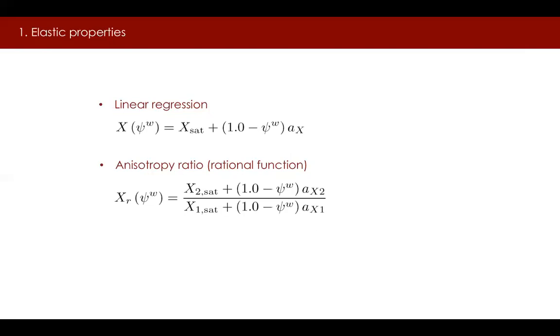In this equation, x could be any of the stiffness moduli or Poisson's ratios. This straight line variation can easily be established by linear regression of lab data. From these straight line variations, we can quantify the anisotropy ratio, XR, as a rational function of saturation emanating from the ratio of two linear functions.